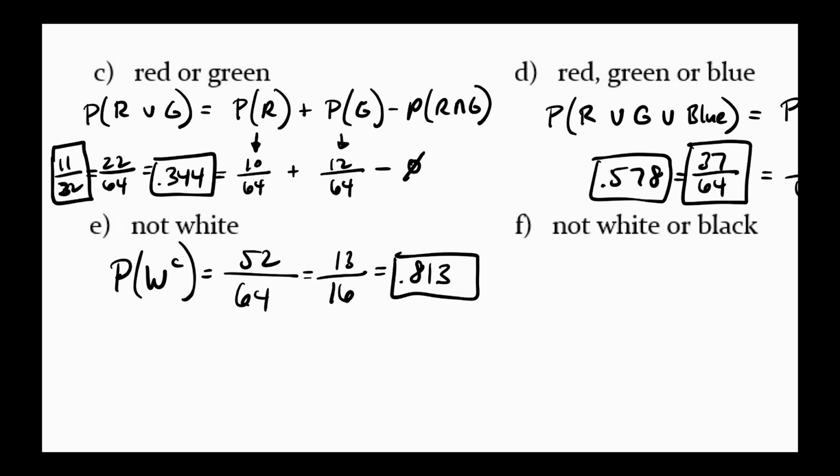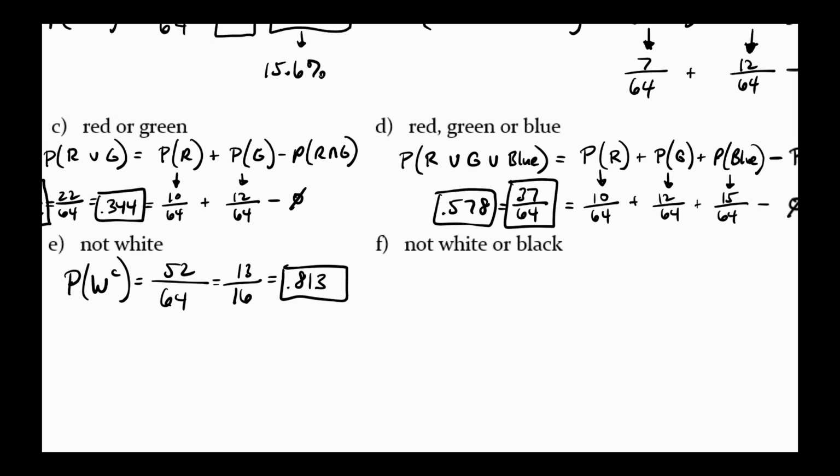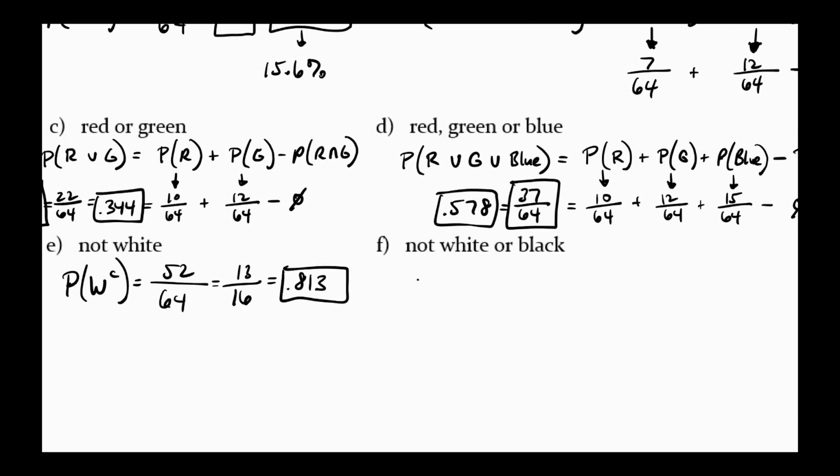Okay, so the last one is a little tricky. Not white. Okay, the probability of or. So is it going to be not black or just regular black? See, what I see is not white or black.